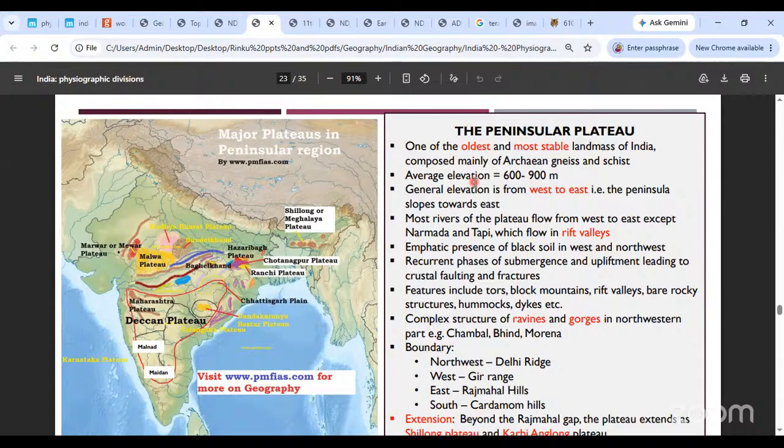The entire plateau dips a little towards the east, to the right. That is where the plateau dips, and most of the rivers of the plateau flow from west to east. You will find that most of the rivers flow in this direction.